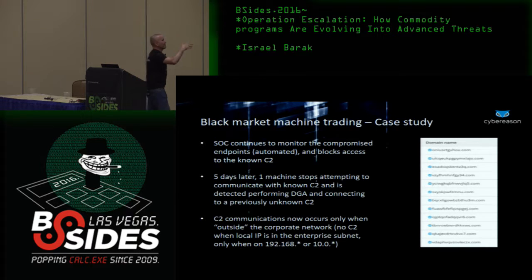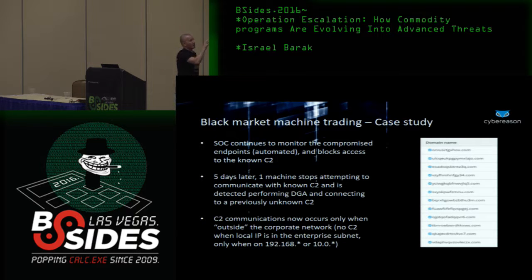But on average, about 5 days after that first infection, one of those machines stopped attempting to communicate with the known C2 and was detected performing domain generation to establish its next version of command and control, and after that, it communicated with an unknown C2 infrastructure.